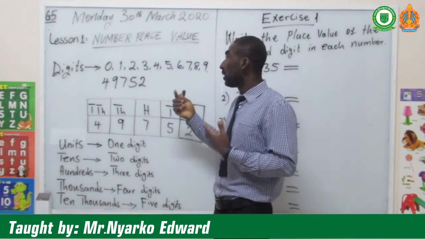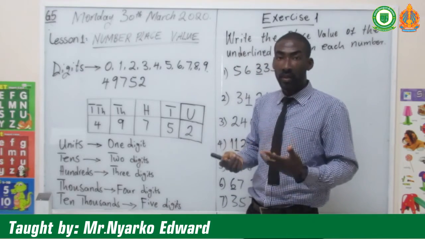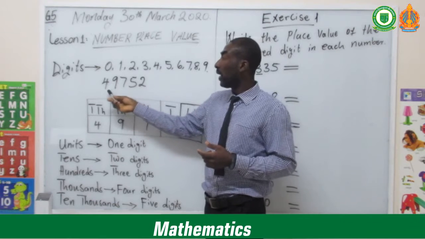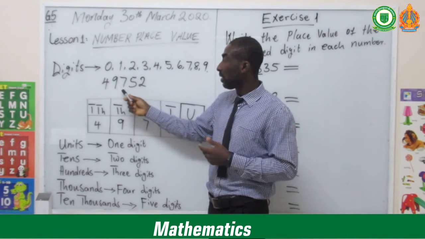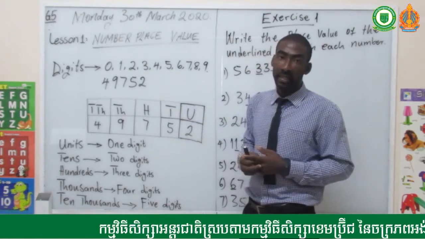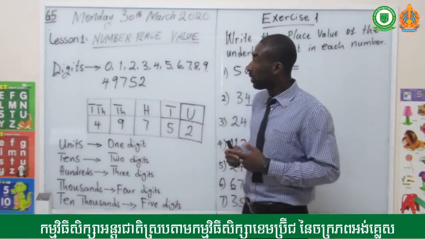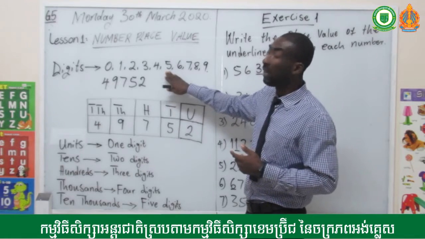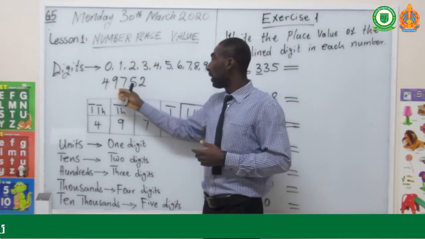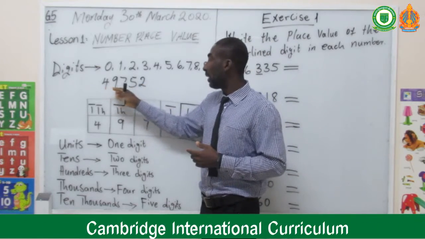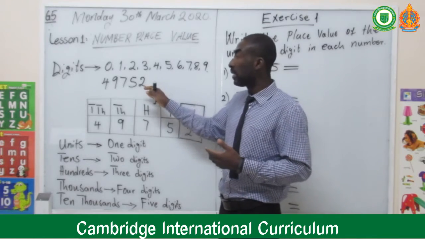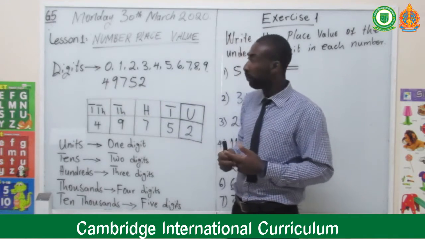We use these digits to build or create big numbers. Example, we have 49,752. This is a large number, and it was created out of our digits. Once you write your numbers like this, each digit has a specific role that it plays in your number.